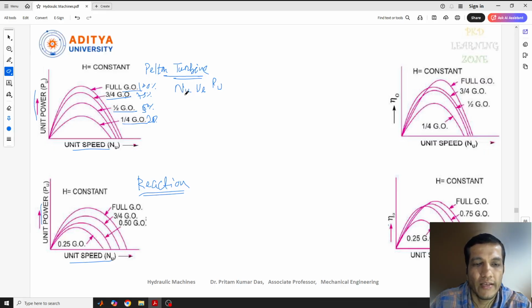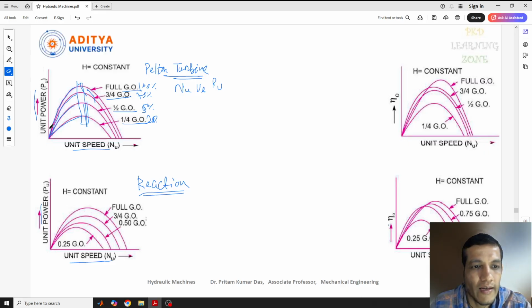As unit speed increases, initially the power starts increasing up to a certain limit, and after that it starts decreasing. At the initial stage, you can see very low power is developed.